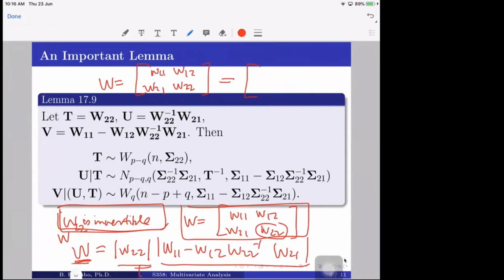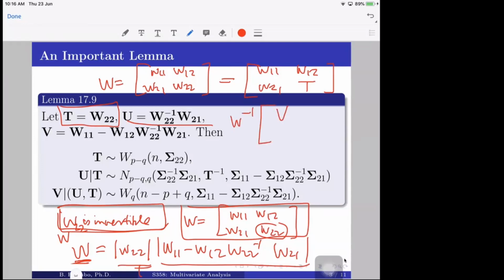Arnold transforms this to W11, W12, W21, and T. This is the notation. And then U is equal to W22 inverse, W21, and V. And V, if we have an inverse here, V is here.